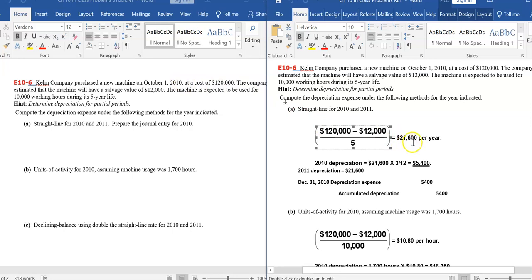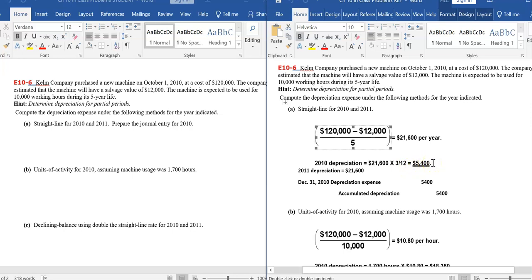The $21,600 is the annual depreciation. But because we only owned this asset for 3 months out of the year, we need to take that annual depreciation and multiply it by the fraction of the year. That means for 2010, we will only record depreciation expense of $5,400.